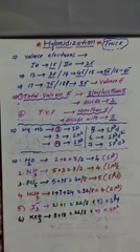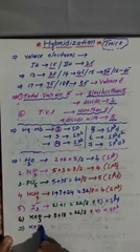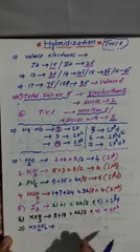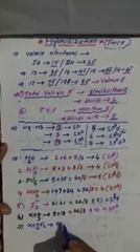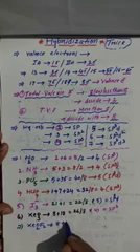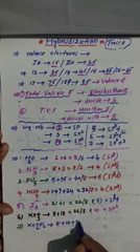And if you go for a bigger molecule, I am taking one here, given to you like this: XeO2F2. Xenon 8, plus oxygen 6 into 2, 12, plus fluorine 7 into 2, 14.